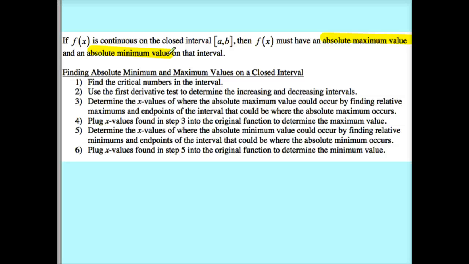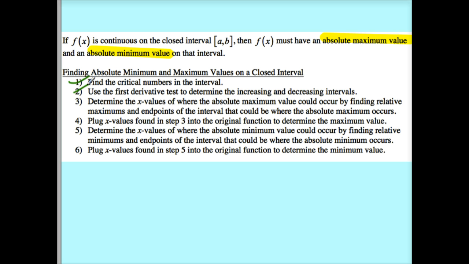And because we have a closed interval, it's very important to test the outside values to see where we're at. So if you take a look at the notes, the steps are the same. Find the critical numbers and use the first derivative test.